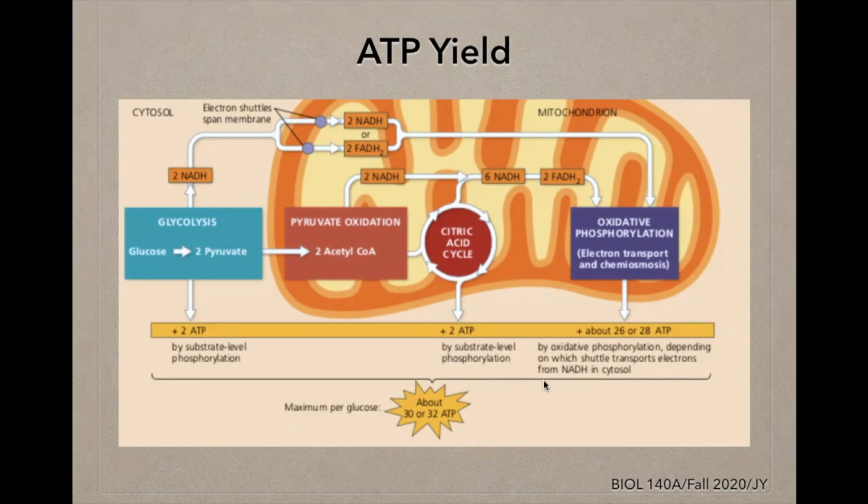Now, different textbooks and different resources on the internet might approximate that 34 or 38 ATP are yielded, but in our case, this textbook mentions 30 to 32 ATP per molecule of glucose.